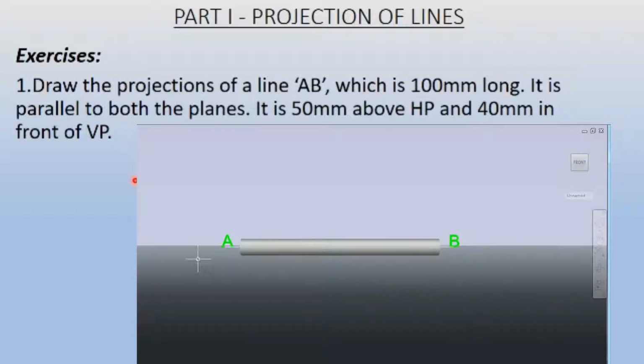This is just a line with ends A and B. This might seem like a small cylinder, but it is a line. Now it has the ends A and B as mentioned in the question. It is placed parallel to both the planes. So we'll get our planes first, horizontal and vertical plane.